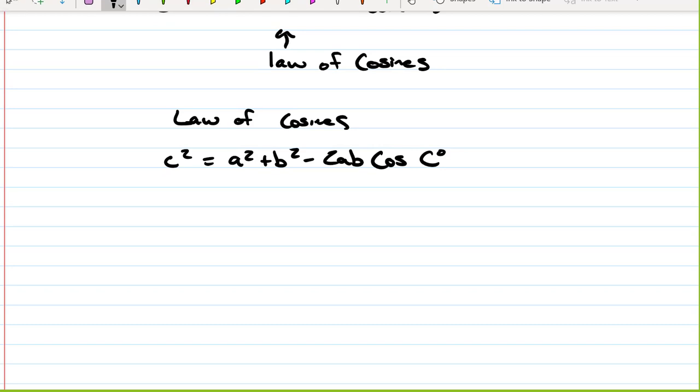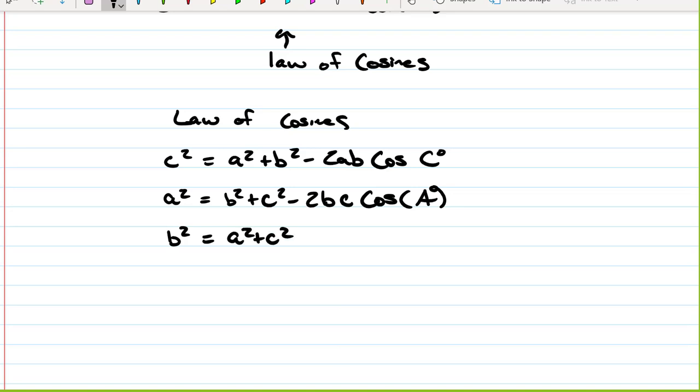But we can permute these symbols. We can also have a squared is equal to b squared plus c squared minus 2bc times the cosine of A. And we could also have b squared is equal to a squared plus c squared minus 2ac cosine of B. So in our 3 versions of the law of cosines, the angle is always the same as the side that is isolated.